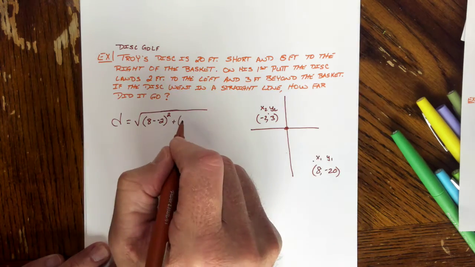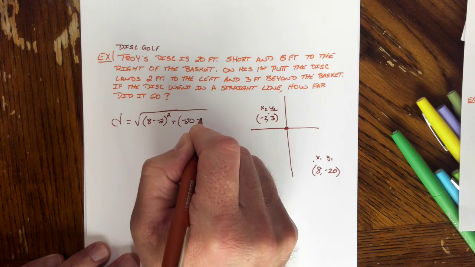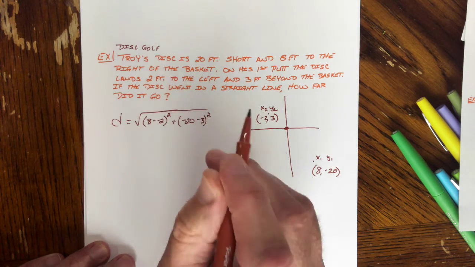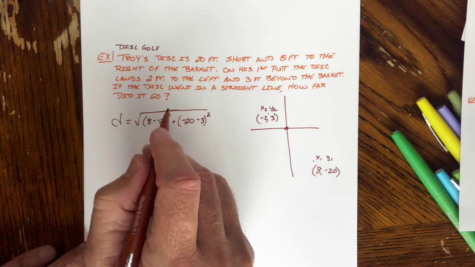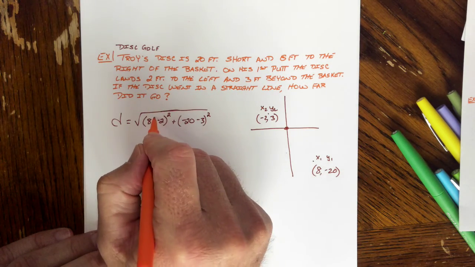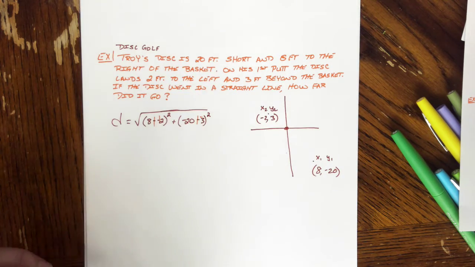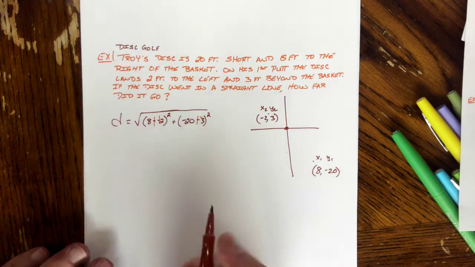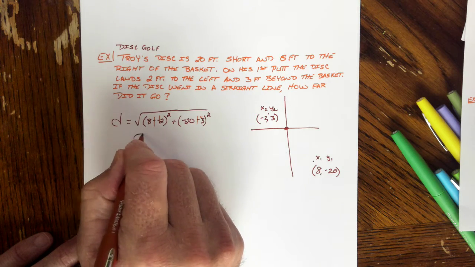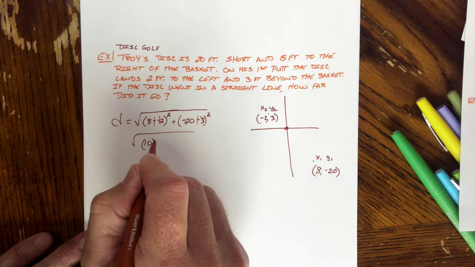So I got a -20 and I got a 3 up here, so -3, the quantity squared. As we work through this, you've got me going with my add opposites. So when I see here, I've got the big old square root, I've got a 10. I'm going to square it.